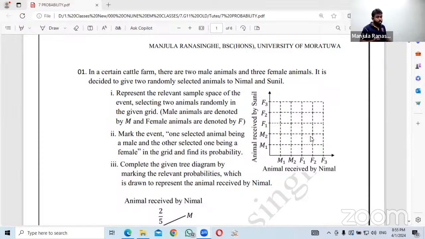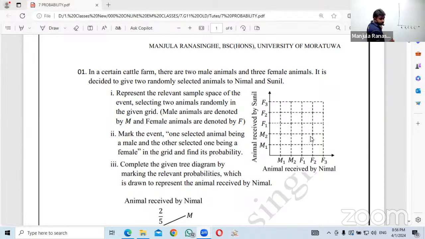Okay. Right. So I draw this grid line. In the exam, they may have drawn the grid line and we have to complete it. M1, M2 are the male animals, and here we have 3 female animals, F1, F2, F3.